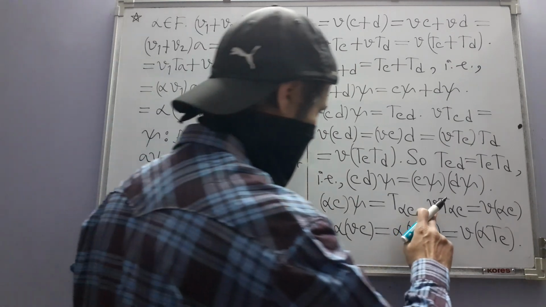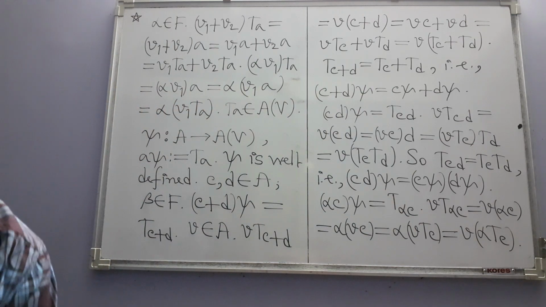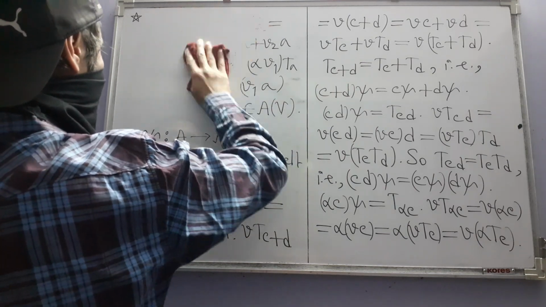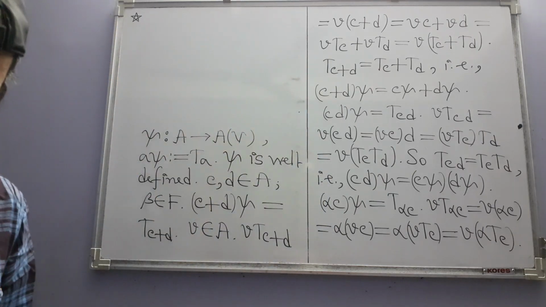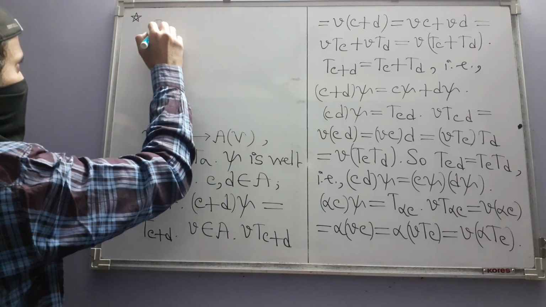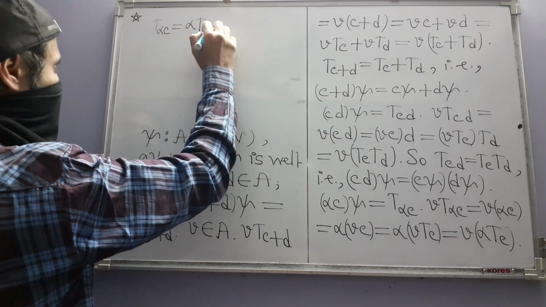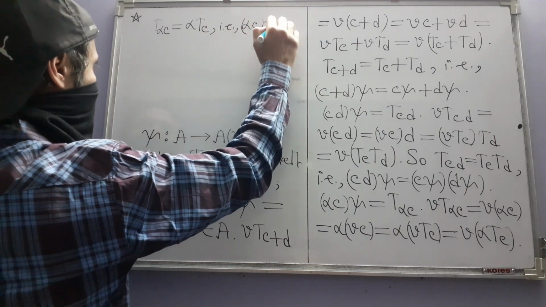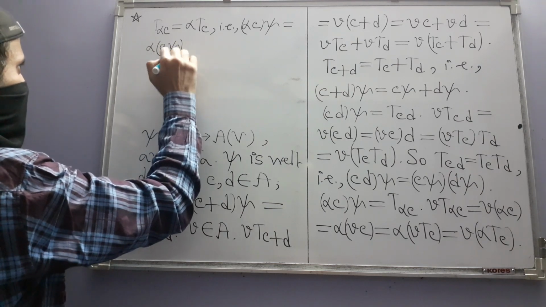So, considering the first and last term in these equalities, we will get T alpha C is equal to alpha times TC, i.e. alpha C psi is equal to alpha times C psi.